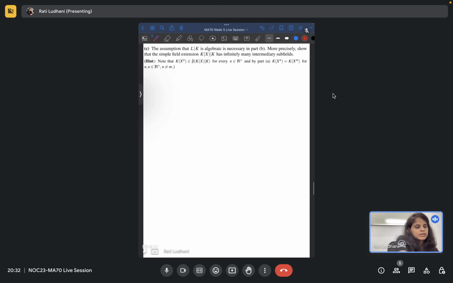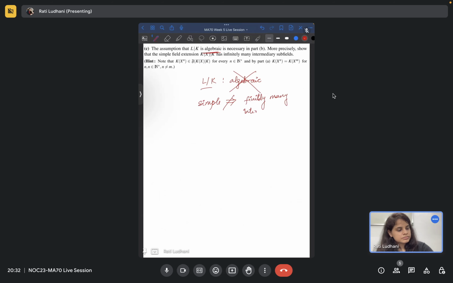So the next question, I can even give you a hint. It says L over K is algebraic, and this is important in part B. If L over K is not algebraic, then even a simple extension need not imply that it has finitely many intermediate fields.